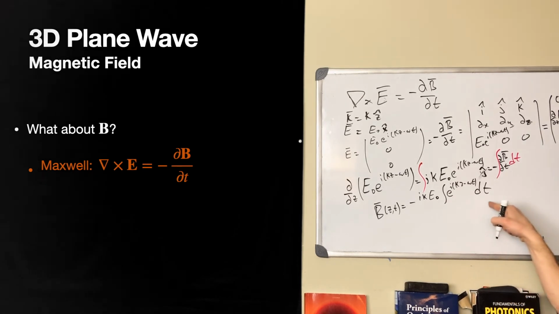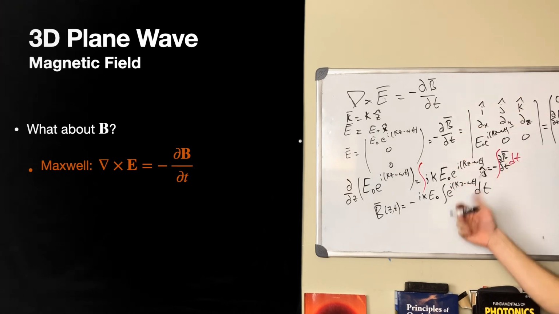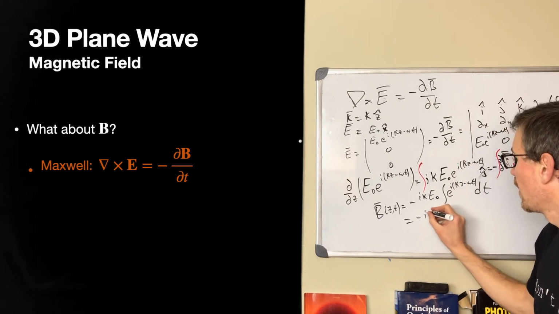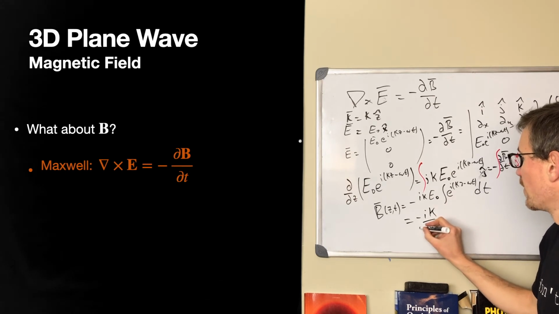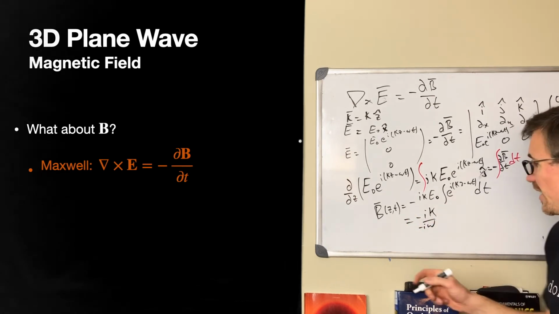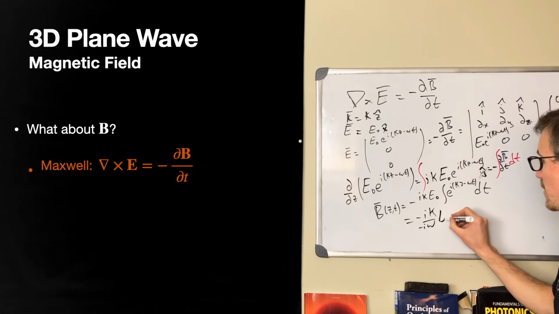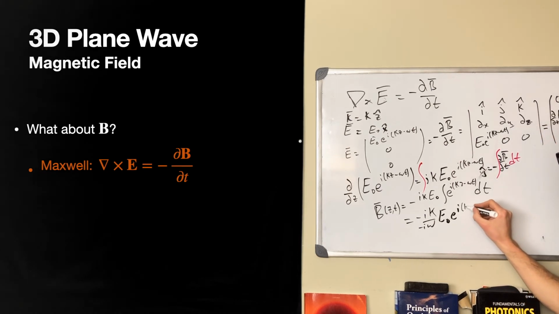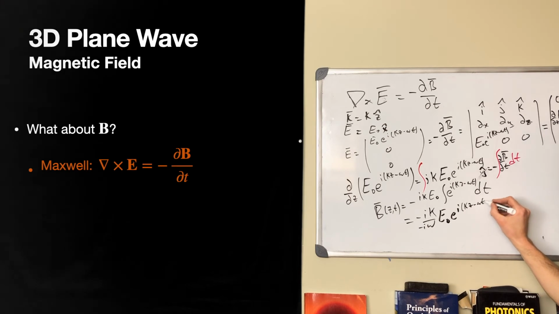That's going to bring down a negative i omega. So we get negative ik over negative i omega. It's a nice cancellation. Times E naught times the same kind of form, e to the i(kz minus omega t).